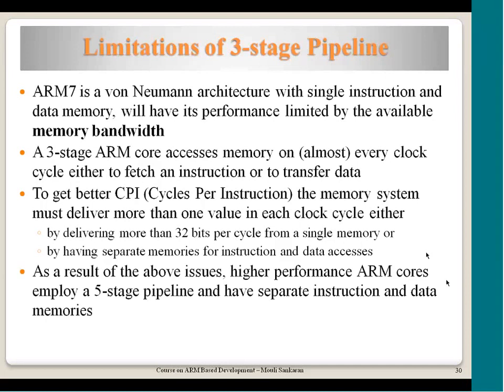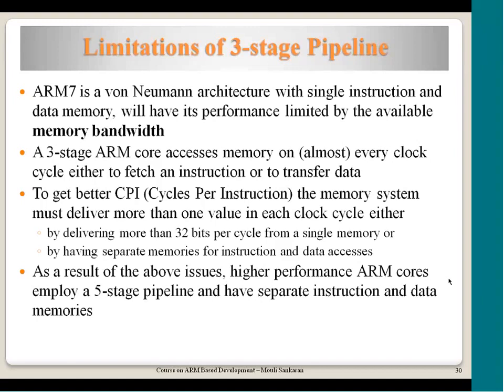Another way of improving the performance is increasing the number of stages in the pipeline. Why does increasing the pipeline stages improve the performance? If you remember, with a 3-stage pipeline, the average throughput would be 3. If you subdivide it further and make it into 5 stages, the average throughput will be 5.